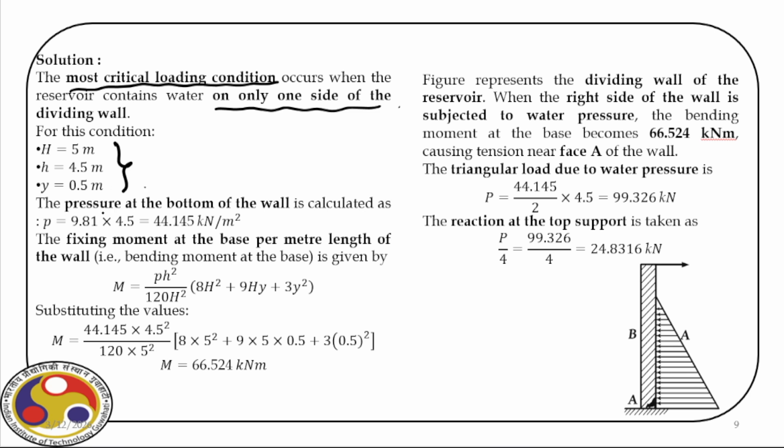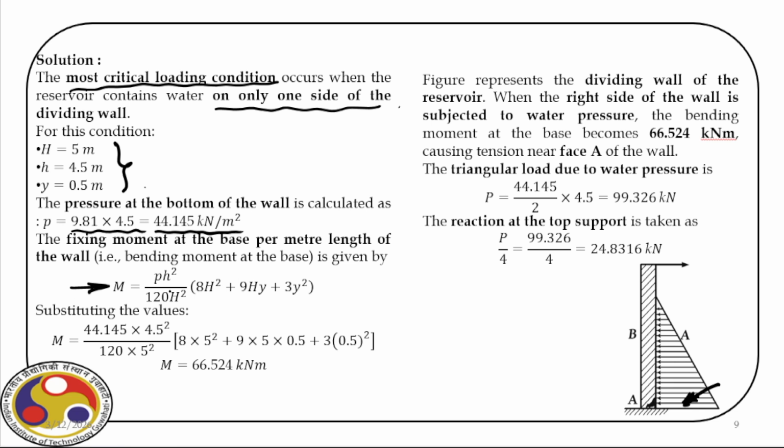And we have this geometric data already given. So for that, we can evaluate the pressure at the bottom of the wall, which is 9.81 times 4.5, and this is 44.145 kilonewton per meter square. The next is we have to find out the fixing moment at the base per meter length of the wall, and for that we already described this expression.